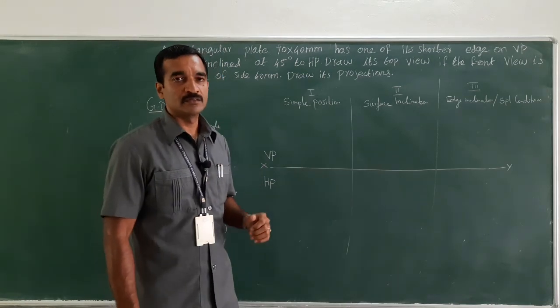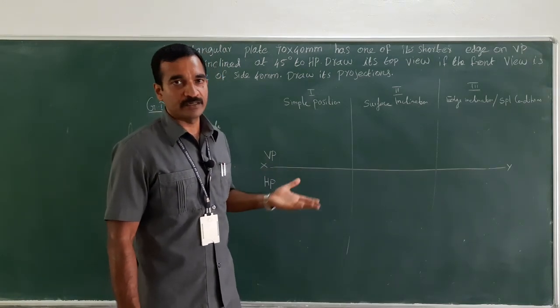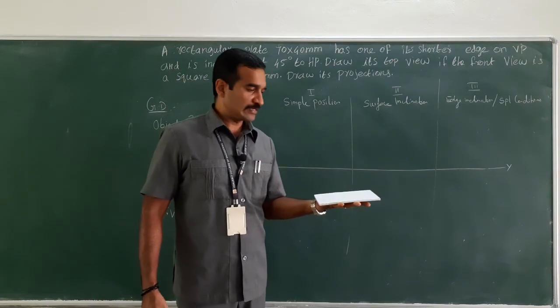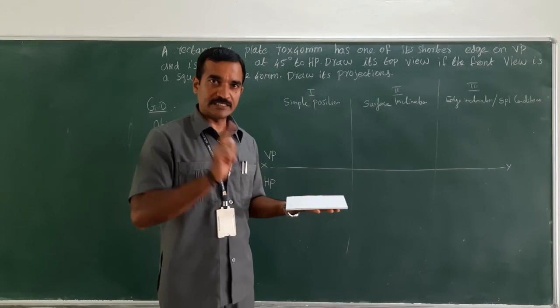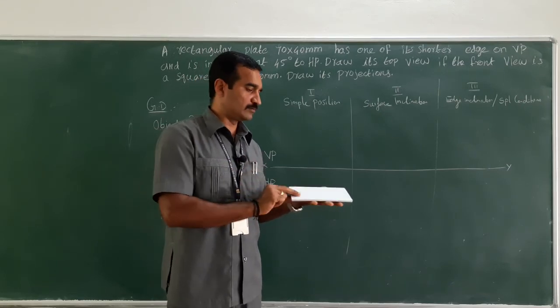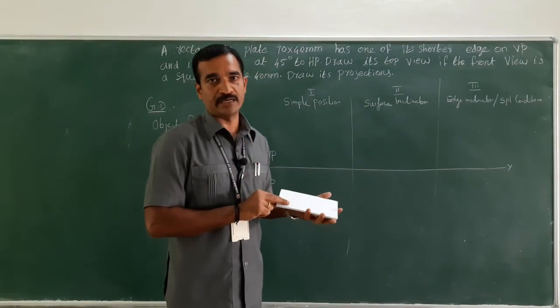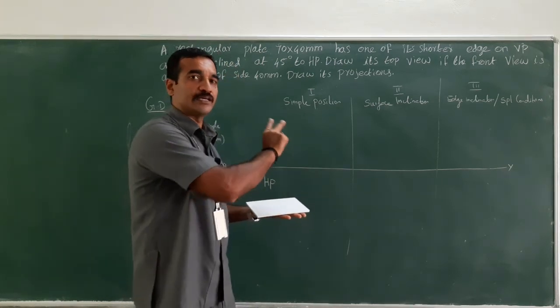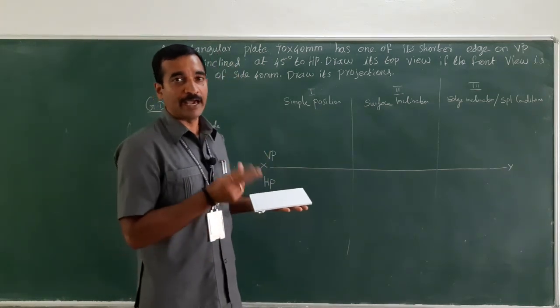So, that means the surface would be inclined to where? I will explain. This is only for you to understand how the first view, that is the true shape, will be drawn and where to draw.